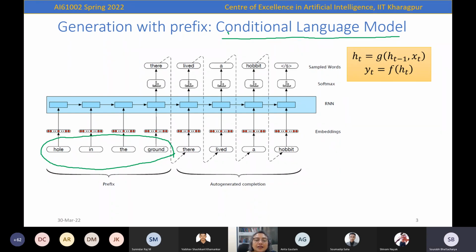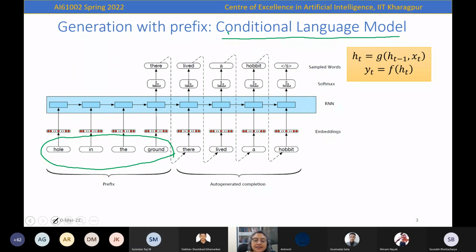Yes, ma'am, it is visible. If you have any questions, please put them in the chat box.